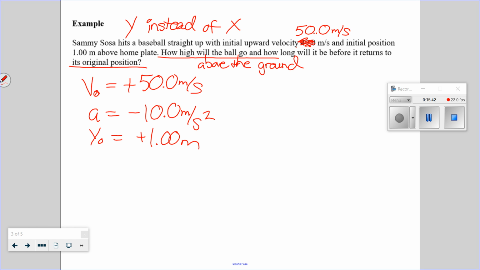In that first question, how high does it go? Oh, wait. I don't have the time. Like, I could start writing y equals y0 plus v0t plus 1 half at squared, but I don't know t again. It's just like the other problem. But how did we get t in that other problem?